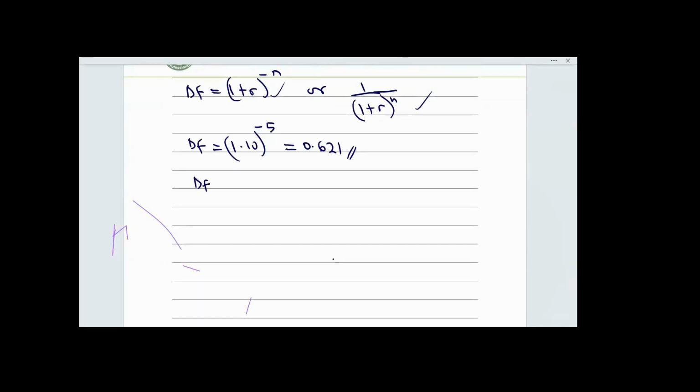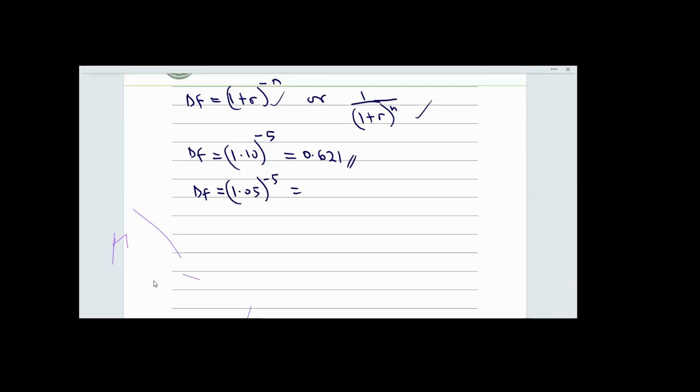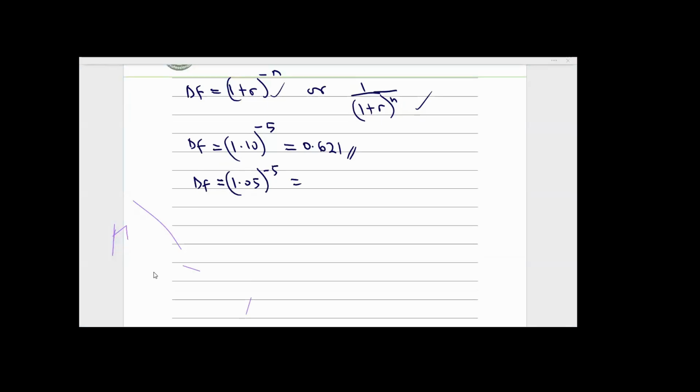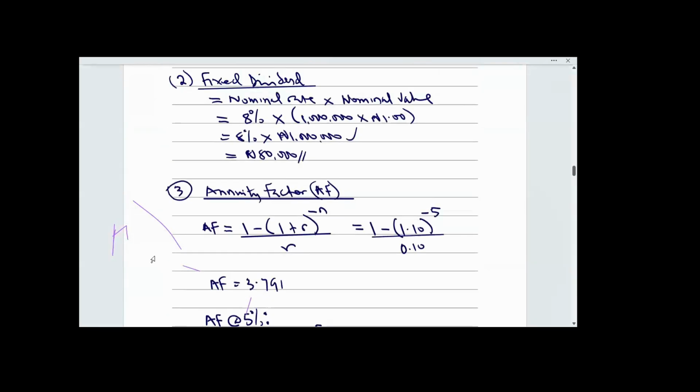Discount factor equal to 1.05 raised to power minus 5. That gives 0.784. That's it. Okay, then let's move on.